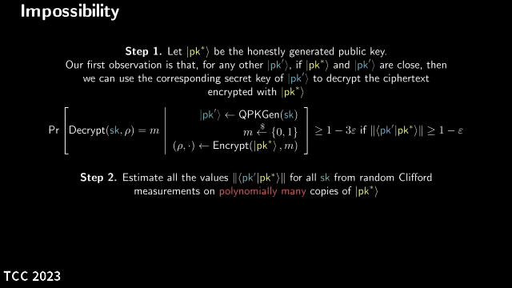Then in the next step, we basically need to estimate the distance between PK yellow and all possible PK blue. But here's the crucial point: we are only given polynomially many copies of PK yellow, and that prevents the trivial brute force. The technique we use is shadow tomography to estimate this value and find the appropriate SK that can be used to decrypt this ciphertext and break the security.